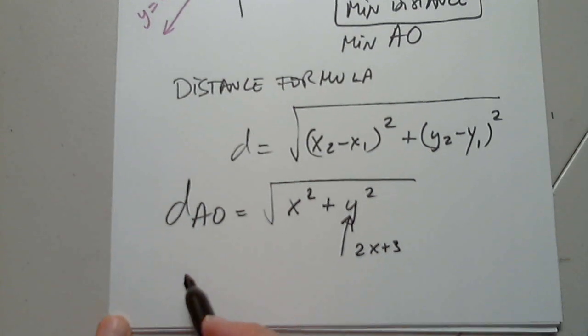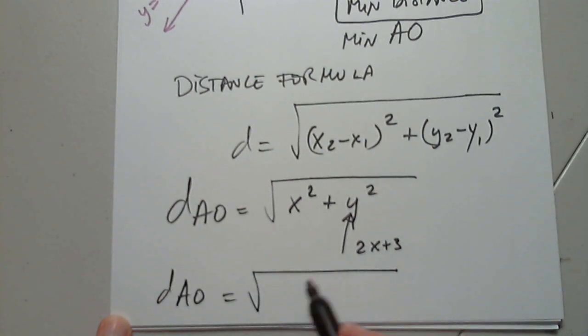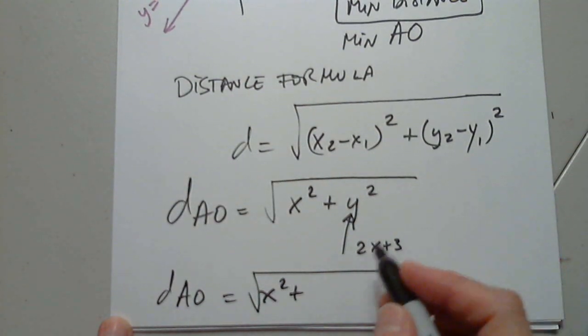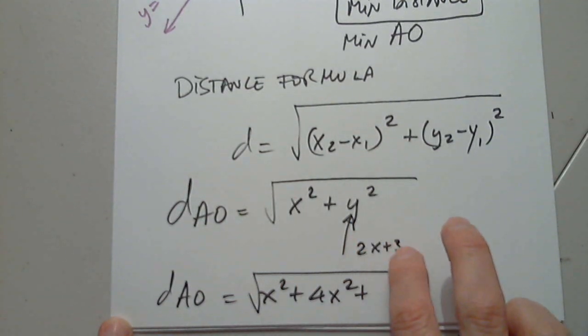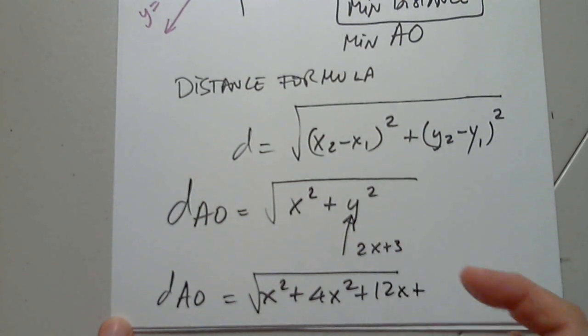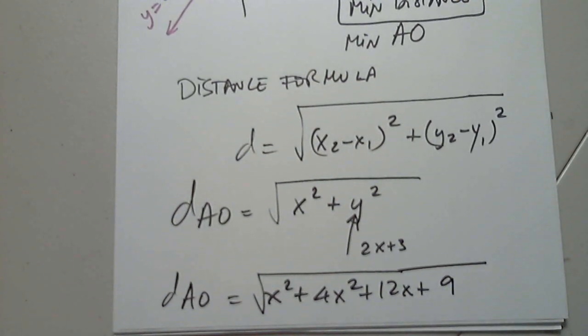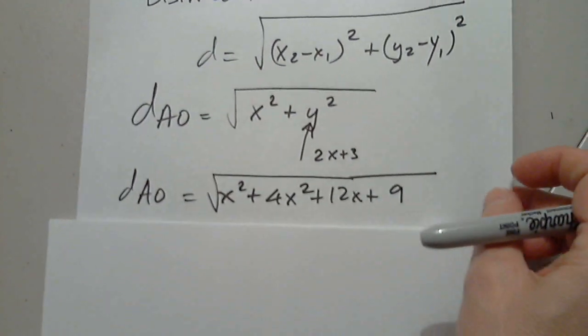So then our function, the distance AO, is the square root of x squared plus, and I'm going to square this, 4x squared plus 2 times the first times the second plus the second term squared. I will combine like terms, these two, because they are like terms.